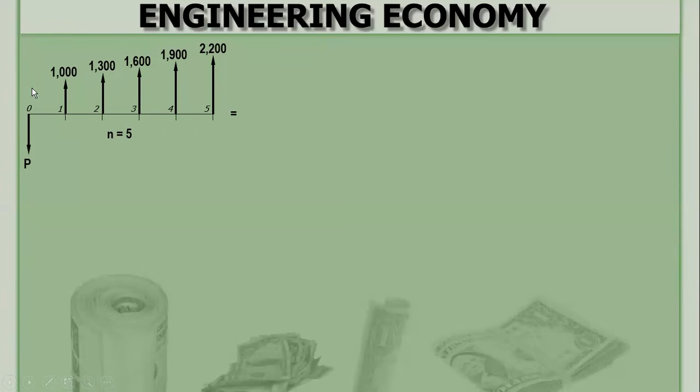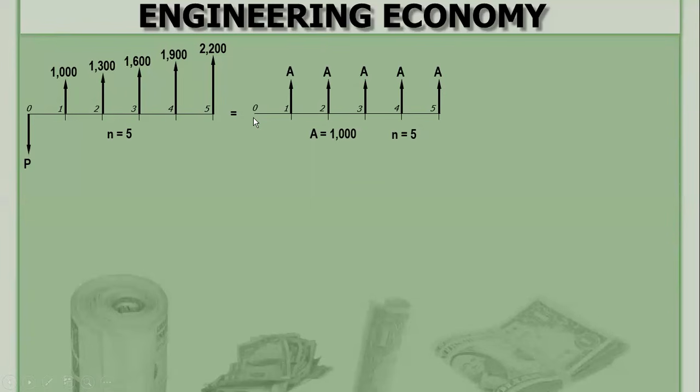Now, the first component is a uniform and equal payment series, or an ordinary annuity. For this one, the common amount is 1,000, so we separate the 1,000. Equal payment series, so A equals 1,000, N equal to 5.